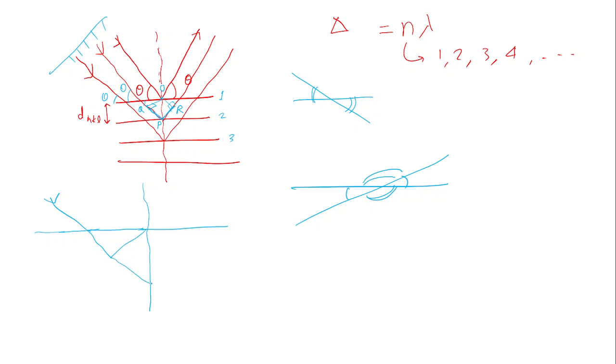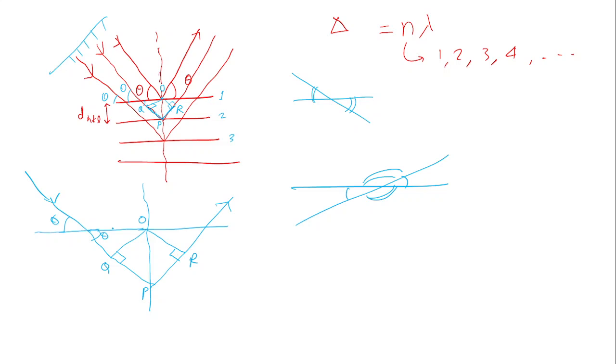This is the extra path difference I am trying to calculate. I've just expanded this because it was getting very congested here. This is 90 degrees, this is 90 degrees, this is Q, this is P, this is R, this is O, and this is the X-ray incident, this is the X-ray reflected, and I told you that this is theta. That means this is also theta, because of vertically opposite angles.